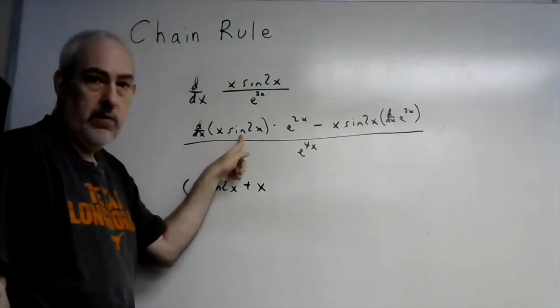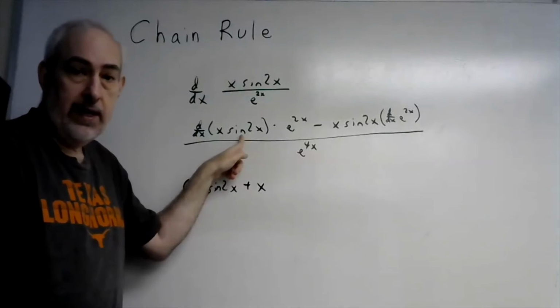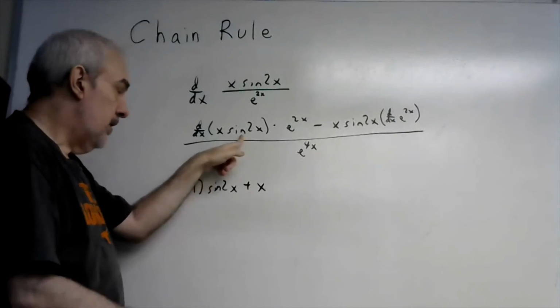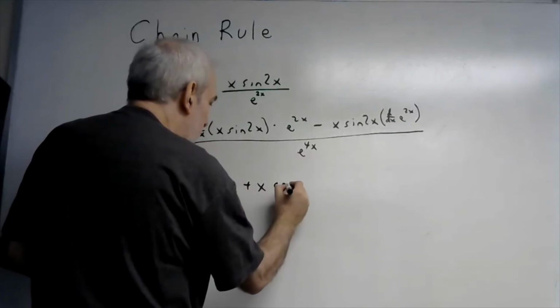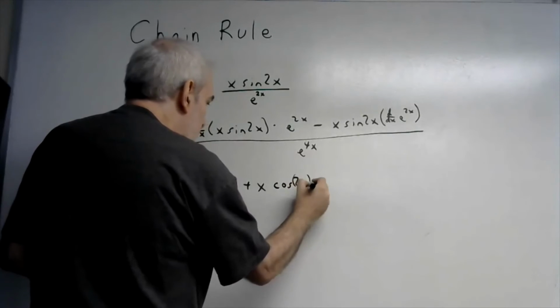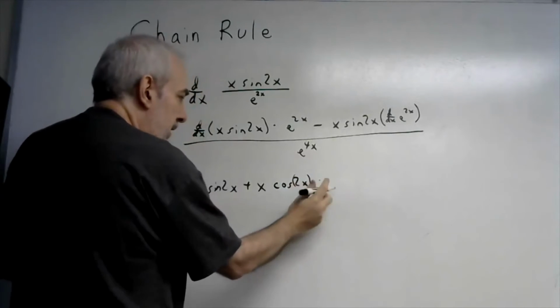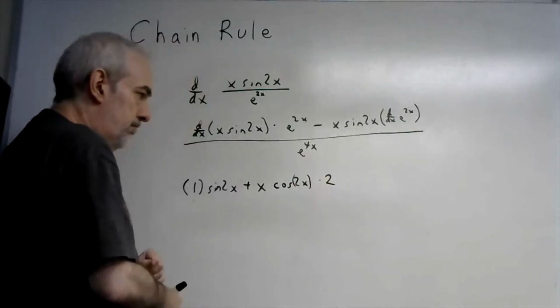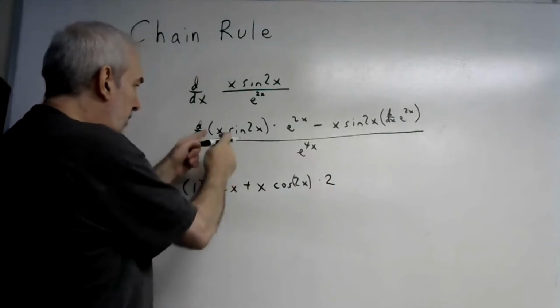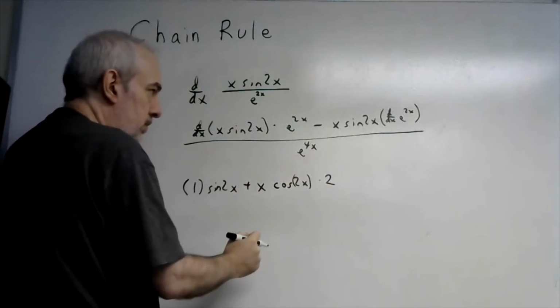Then we come to the derivative of sine of 2x, and that's a chain rule. The derivative of sine is cosine, so we get cosine of 2x. Then we have to multiply by the derivative of the inside, so times 2. And that completes that product rule.